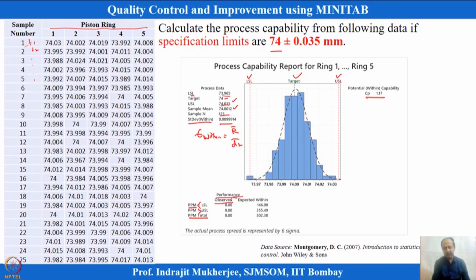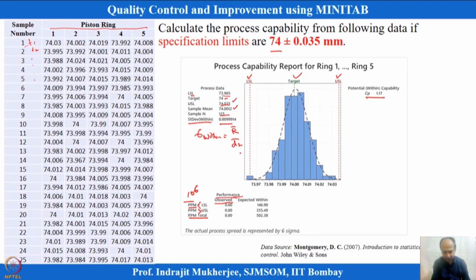What is observed over here means the data set will be plotted, and MINITAB will see if something is going beyond the tolerance, and that will be counted. Those counts will be converted into ppm, 10 to the power 6. So, it will be converted into that number, how many fall out, in a million how much it is.